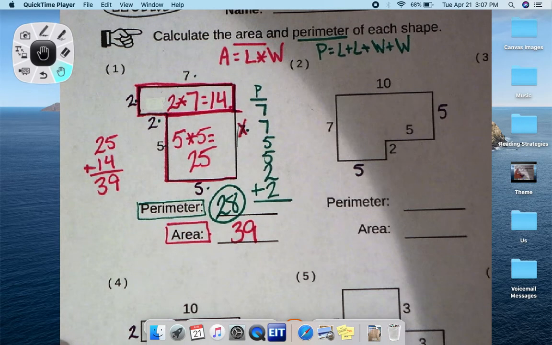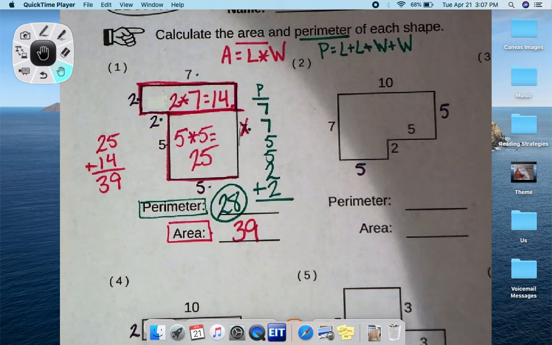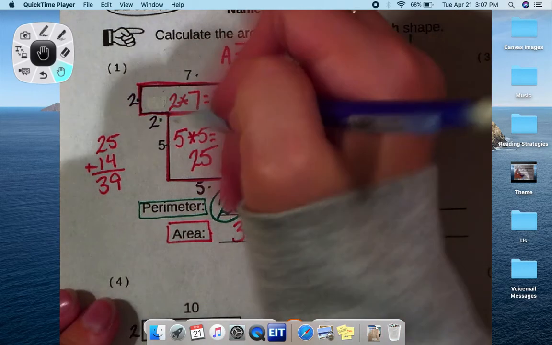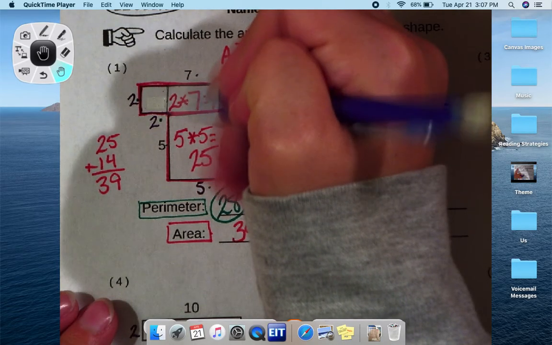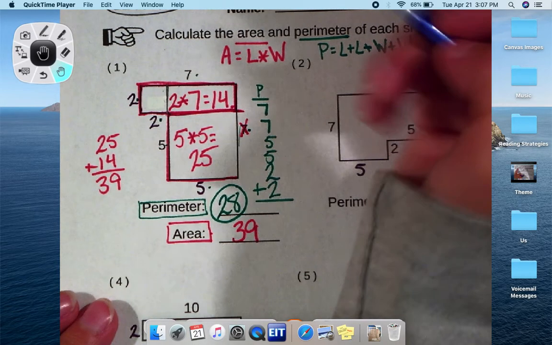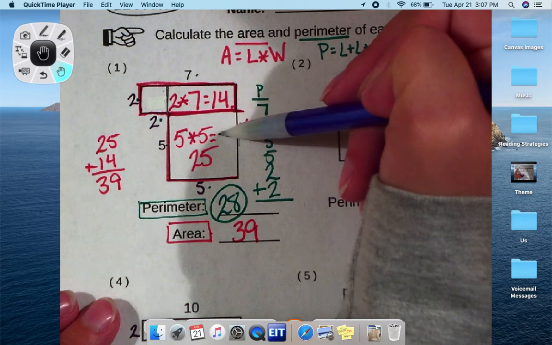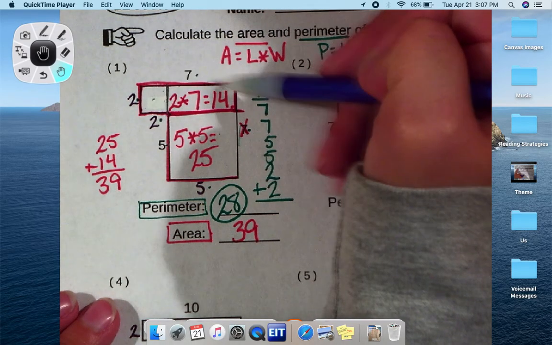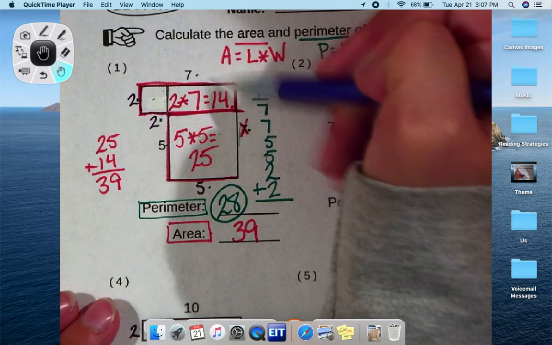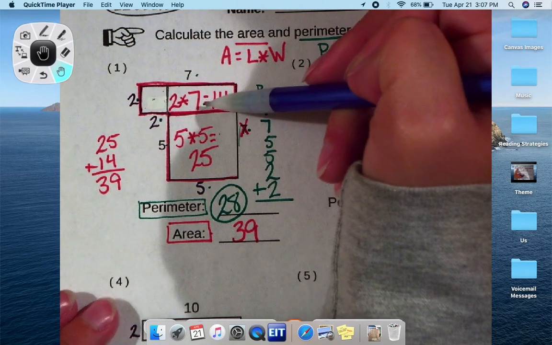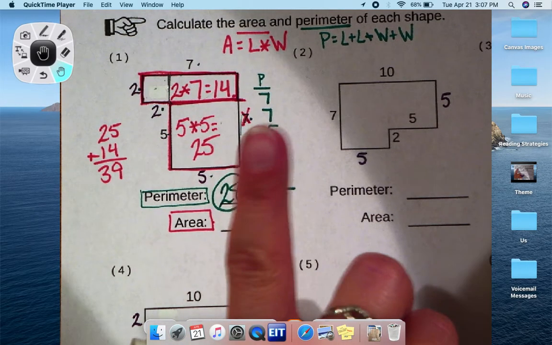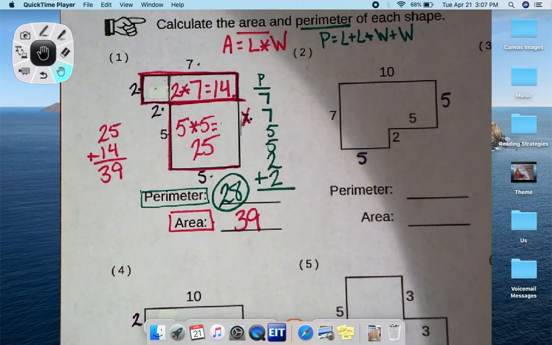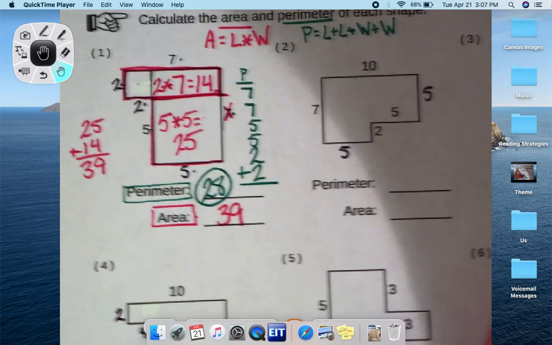What I wouldn't want to do is cut it across here and here, because then I would have to figure out this section and this section. So I want to try to only split it one time if I can. Okay? Let me show you another one.